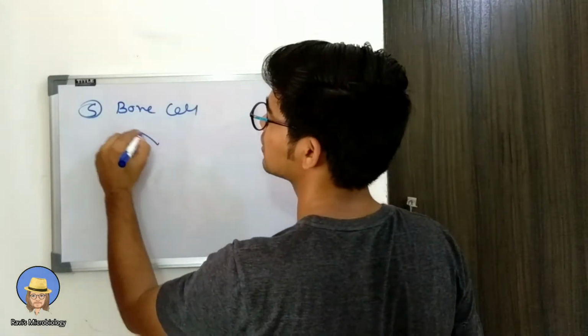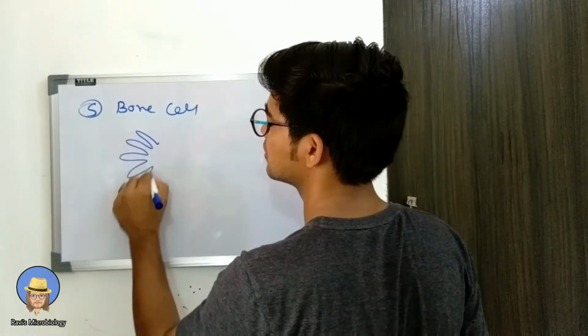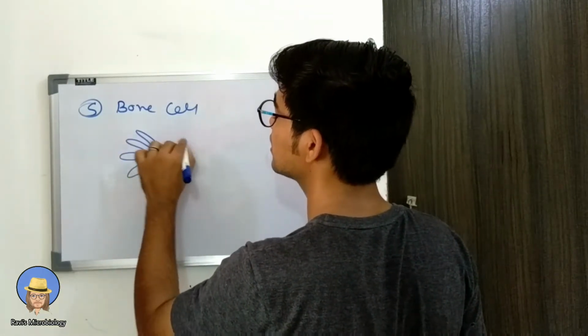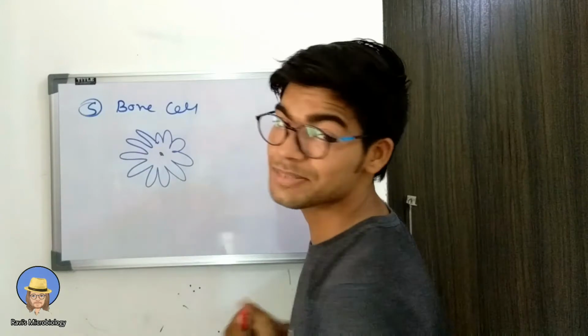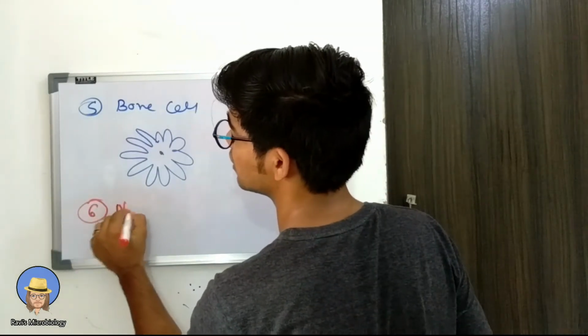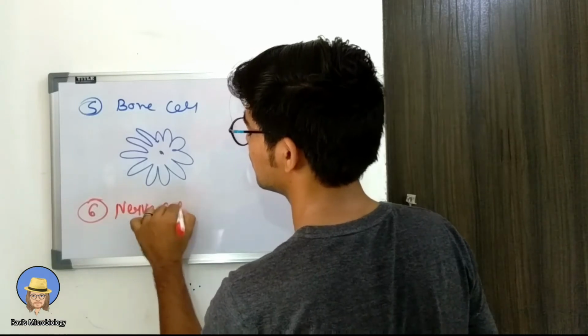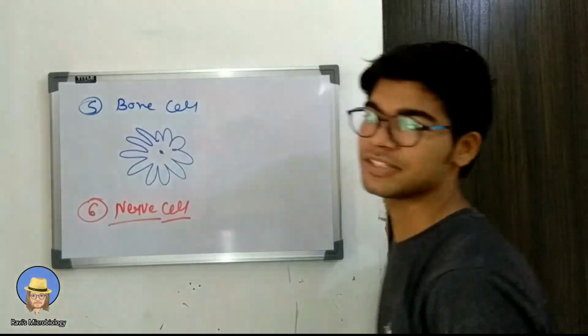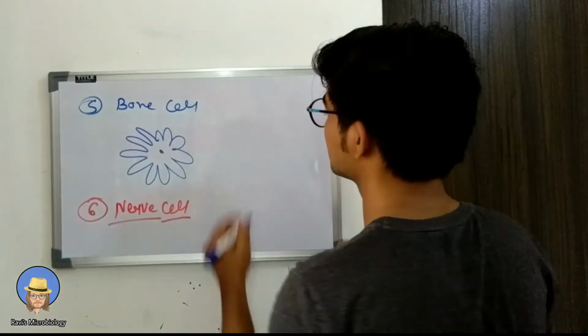It looks like that. In the center of the cell, a small nucleus is present. The sixth one is the nerve cell. It is the main cell which transmits signals.